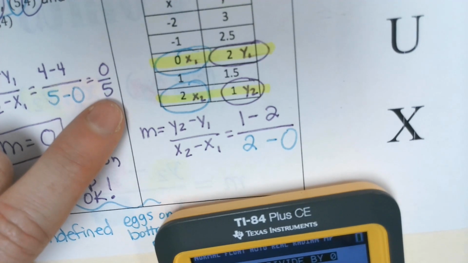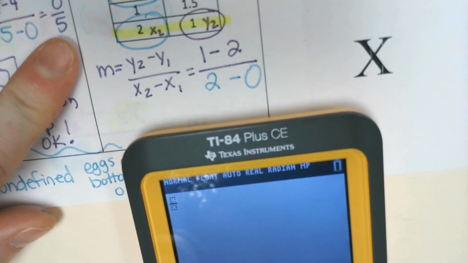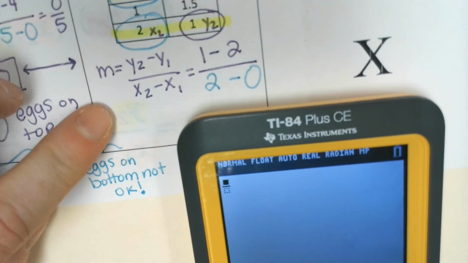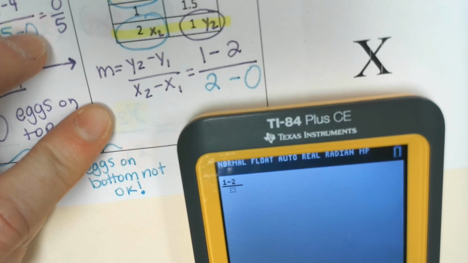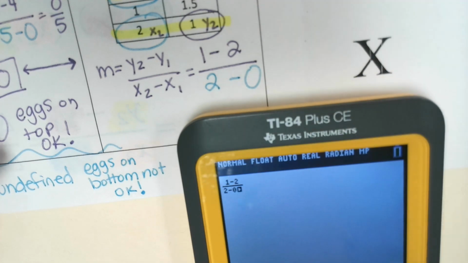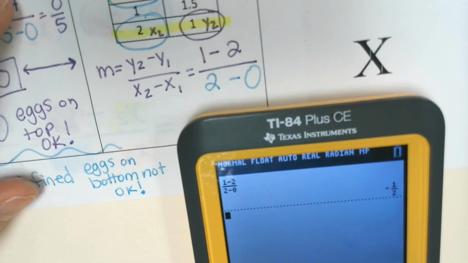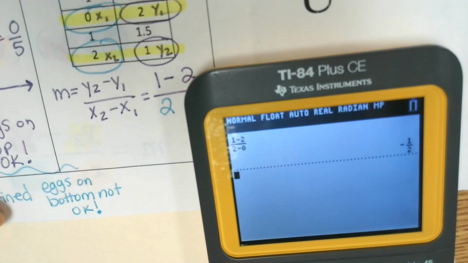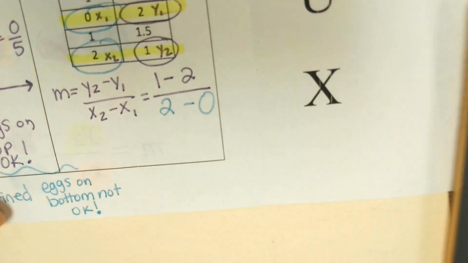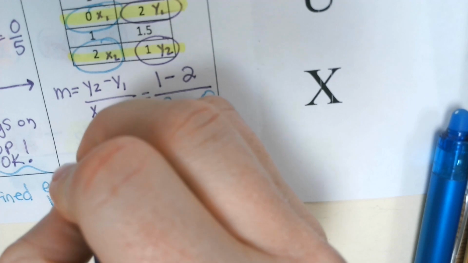Alpha y equals, put this in, 1 minus 2 over 2 minus 0. It's really hard to see, but can y'all see that? Negative 1/2. Okay, so m equals negative 1/2.